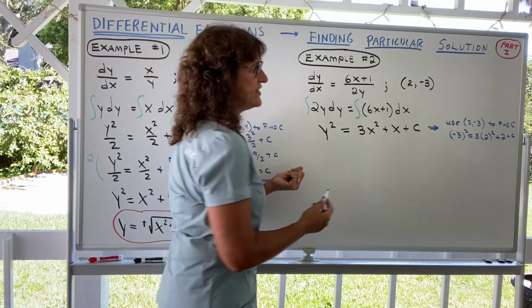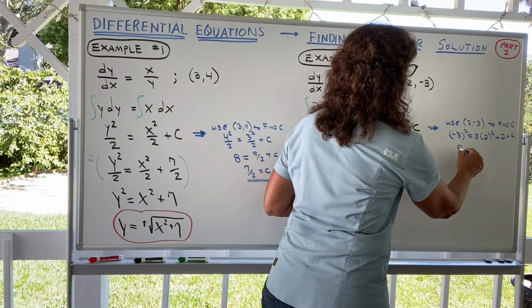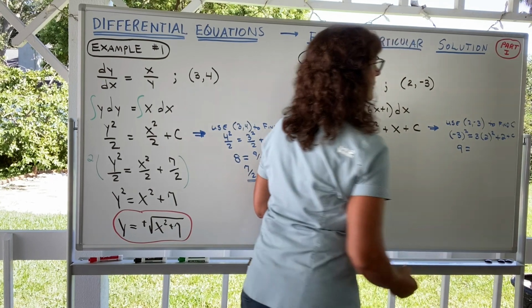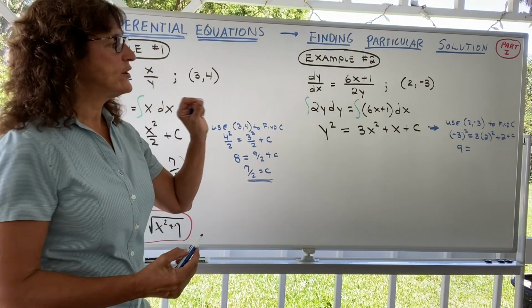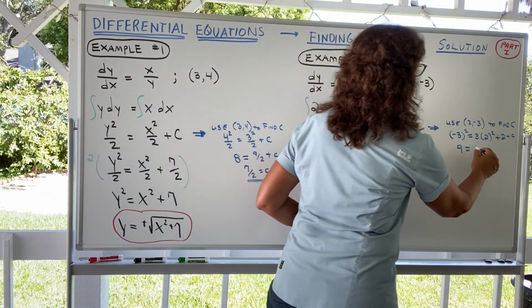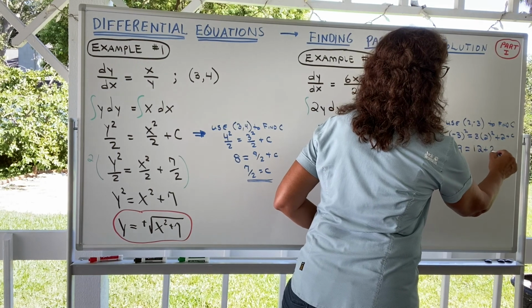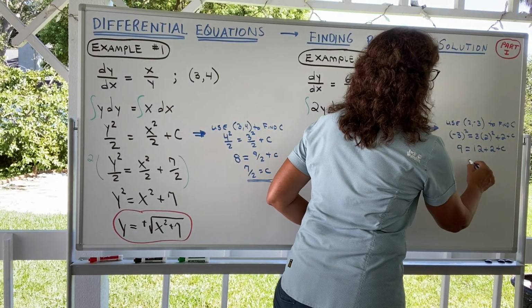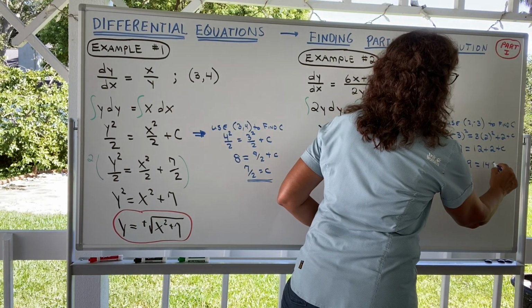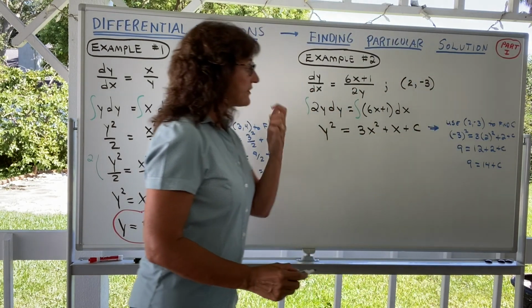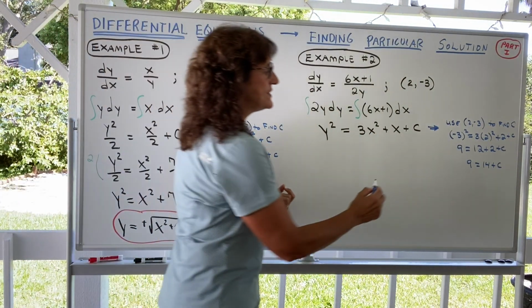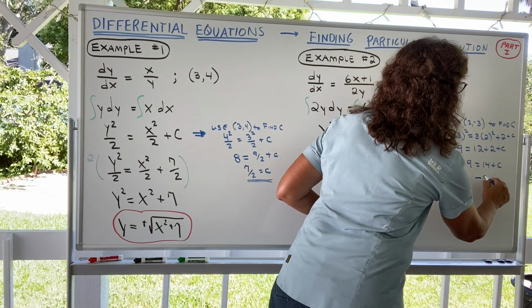Let's compute this. Negative 3 squared, negative 3 times negative 3, is 9. Order of operations, so 2 squared is 4, 4 times 3 is 12, so 12 plus 2 plus constant. So you have 9 equals 14 plus your constant. Subtract 14 from both sides, so 9 minus 14 is negative 5.